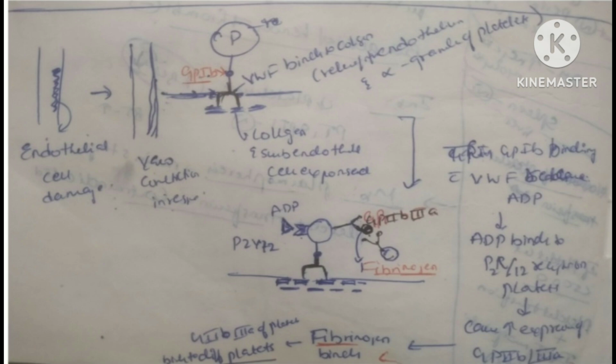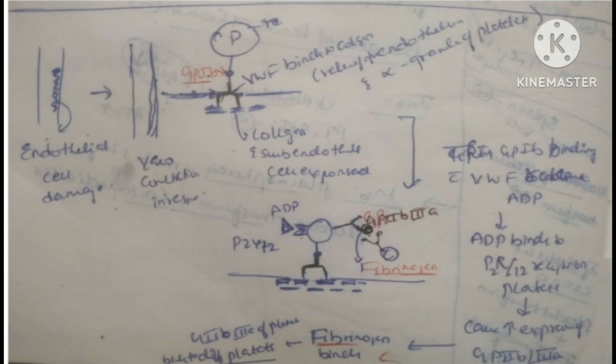Until this process occurs, the GP2B3A receptors will not be expressed on the platelets. This expressed GP2B3A receptor, which I have again written in red in the image below, will bind to fibrinogen and can also bind to the GP2B3A receptor on other platelets. As a result, there will be platelet aggregation and fibrinogen accumulation.